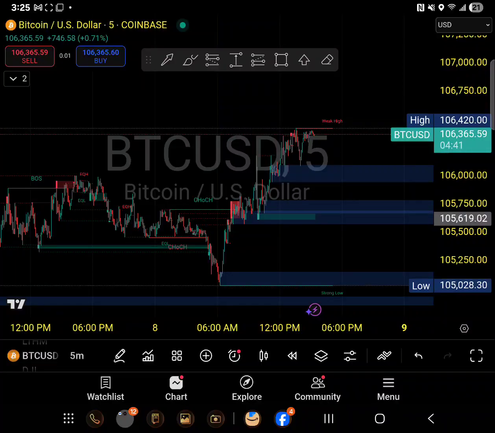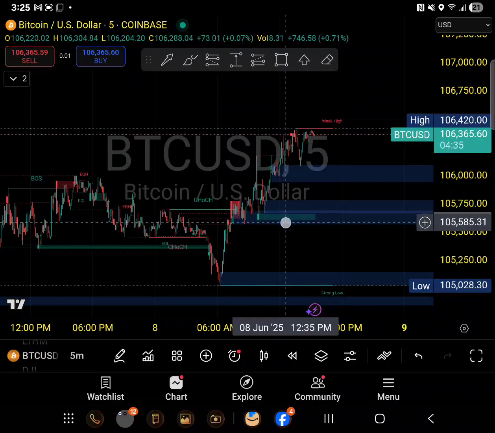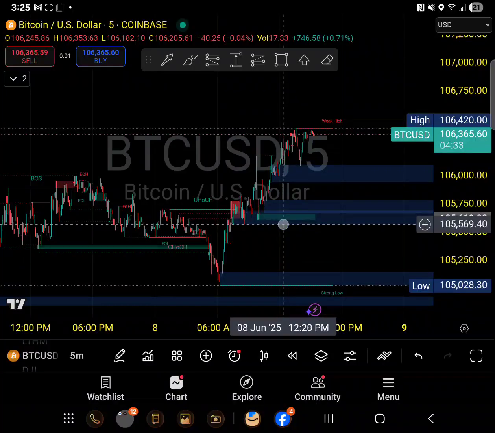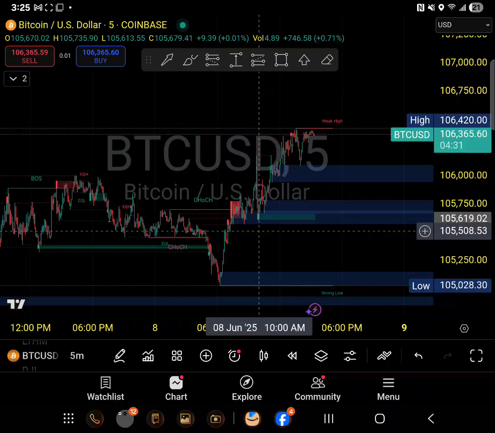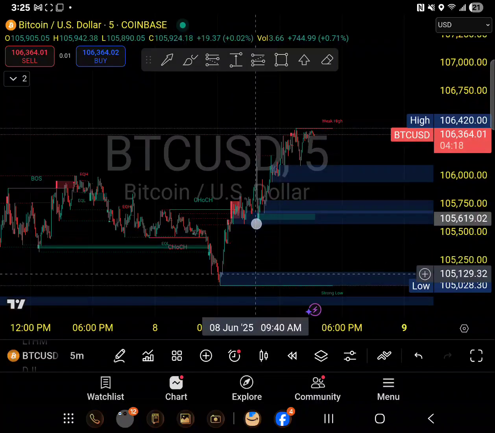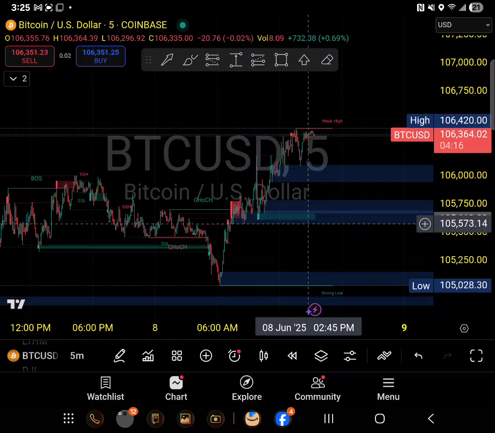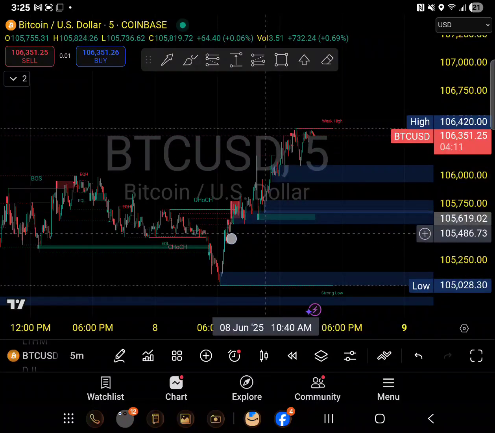Once you have decided your buy zone, what will be your stop loss? Obviously, if this breaks, there was no consolidation in this particular area, because this is a straight buy. In case you want to open a position, this will be your stop loss at any cost: 105,573, because below that there is no consolidation.